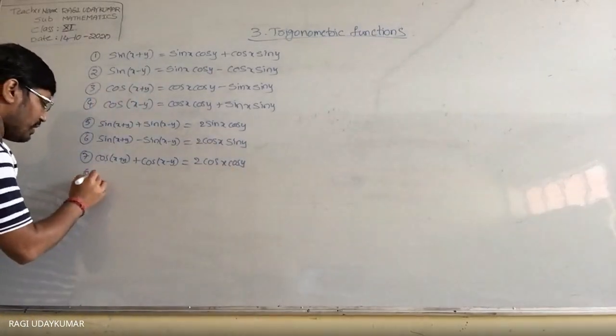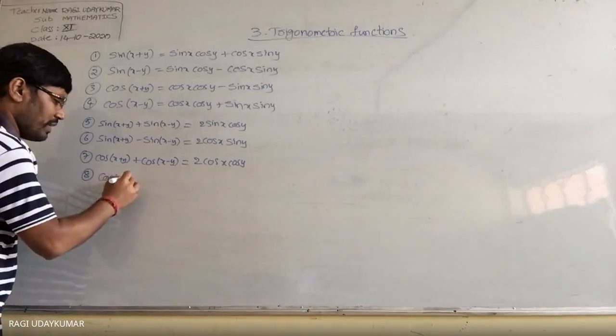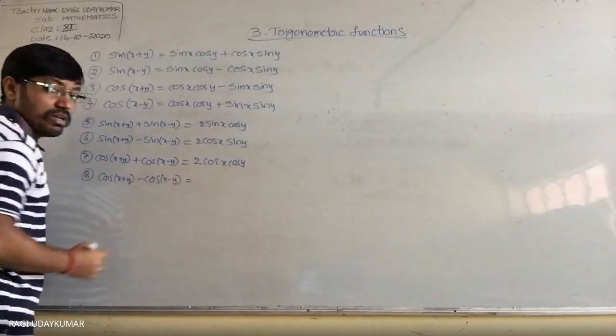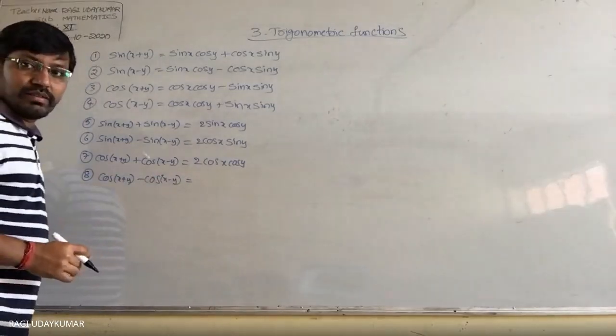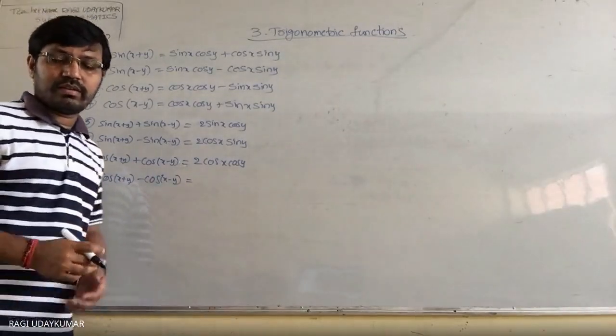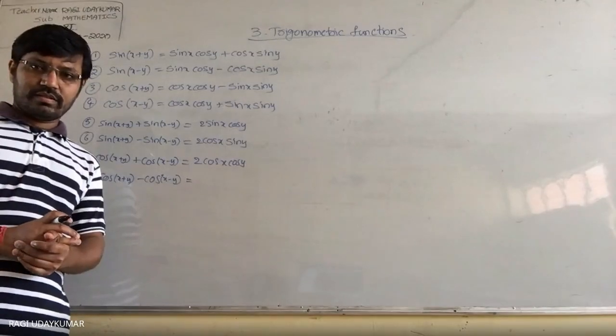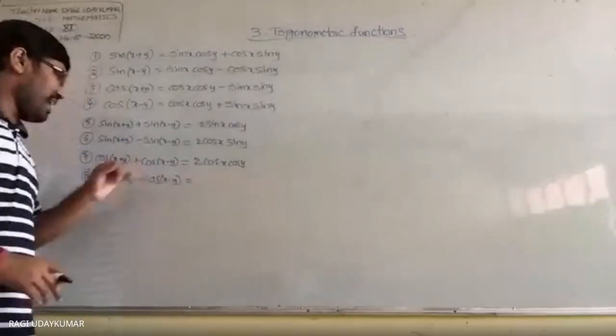Next, the eighth one. Cos x plus y minus cos x minus y is equal to, what do you get? Can you say? Anyone? Yes, sir. Sir, 2 cos x cos y. Sir, not visible. That already, 2 cos x cos y, will come with plus.